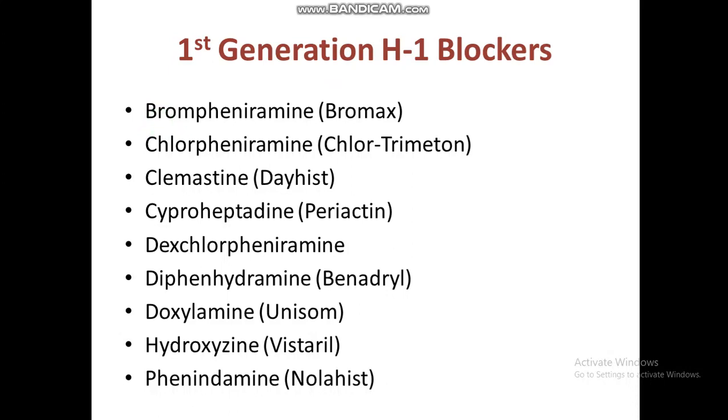These are brompheniramine, which in the market is available under the brand name Bromax, chlorpheniramine, clemastine, cyproheptadine, dexchlorpheniramine, diphenhydramine, which is available in the market with the name of Benadryl, doxylamine, Unisom, hydroxyzine, Vistaril, and phenindamine. So these are the first generation H1 blockers.